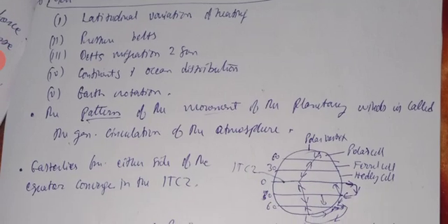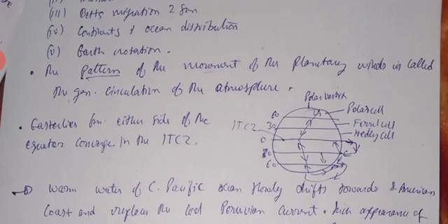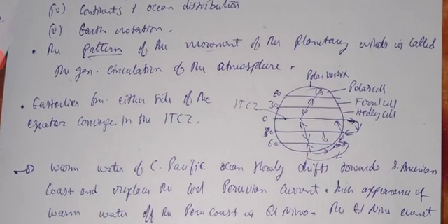Oceans are more in the southern hemisphere and land is more in the northern hemisphere. Fifth point, due to the rotation of the earth during different times of the year, as well as revolution, the pattern of the movement of the planetary winds is called the general circulation of the atmosphere.